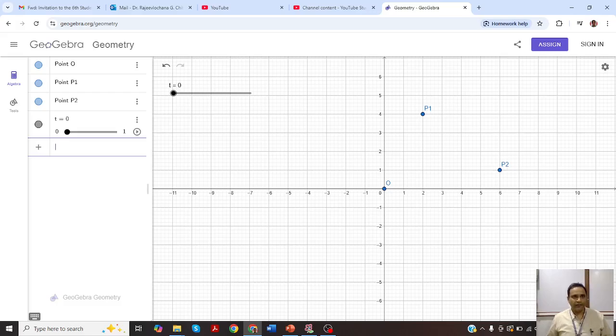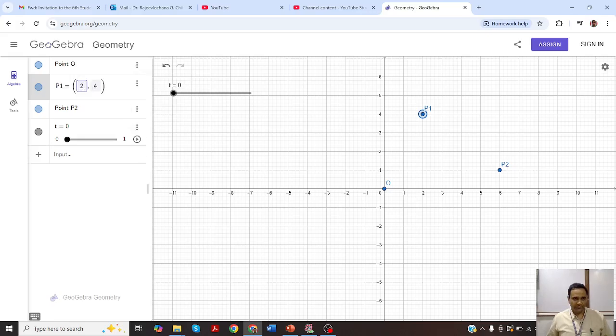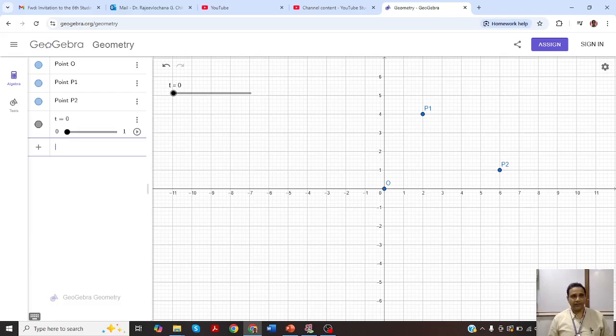So one more thing: in this code we have directly given (2, 4) and (6, 1). If I want to retrieve that information, I can also do it in this manner.